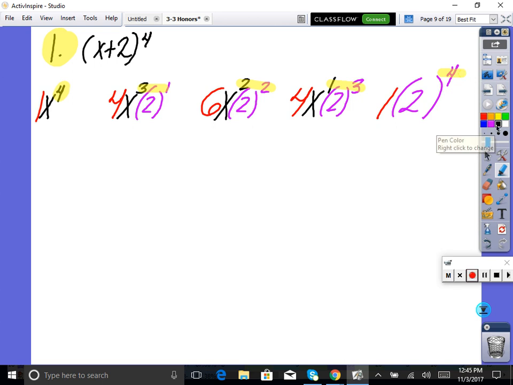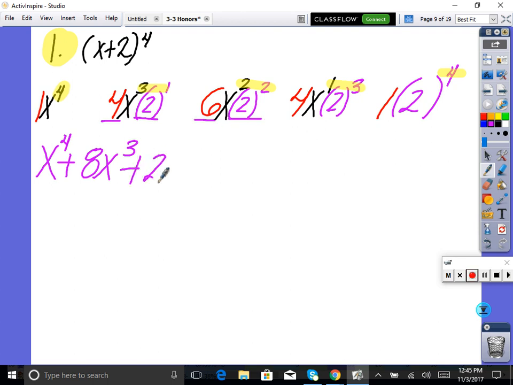Okay, let's simplify it. Here we go. 1x to the 4th is x to the 4th. Then we have 2 times 4, plus 8x cubed, does everyone agree? And then we have 4 times 6, so plus 24x squared.